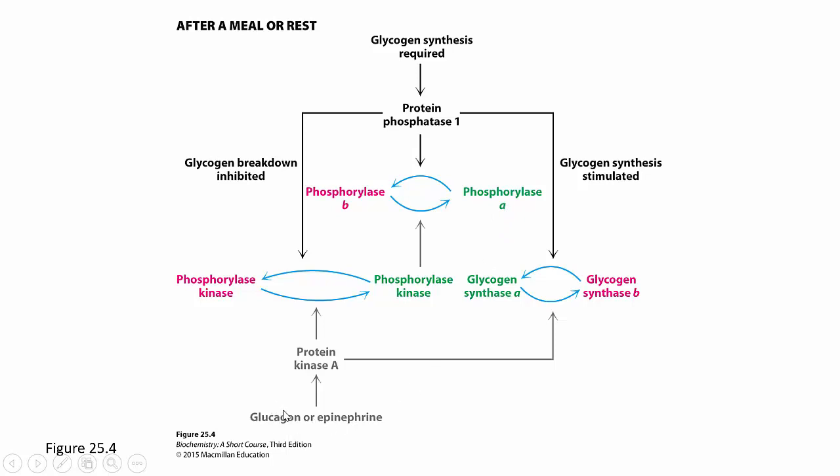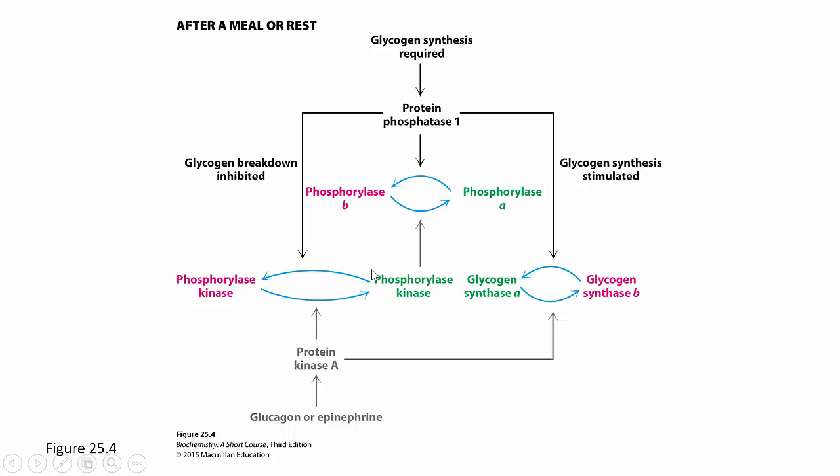So to follow what I presented in the previous figure, glucagon or epinephrine will activate protein kinase A. So protein kinase A is going to phosphorylate phosphorylase kinase. Then the kinase is going to phosphorylate phosphorylase. Okay, so this is the same pathway that I described on the previous slide. Okay, this is activation of glycogen breakdown.